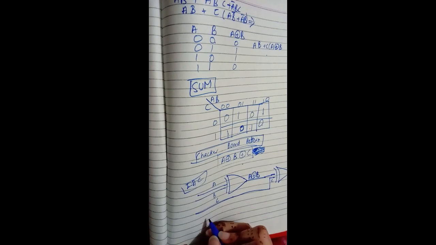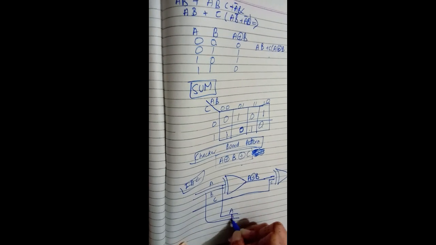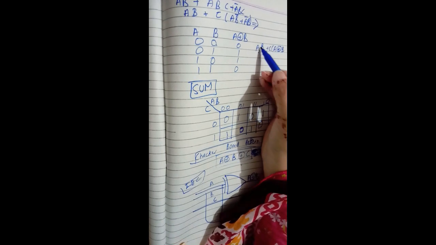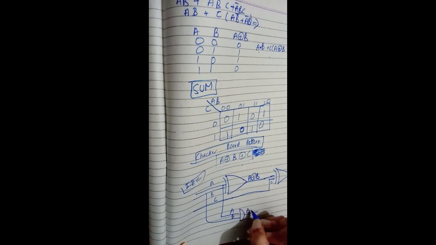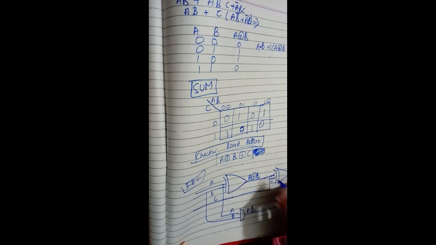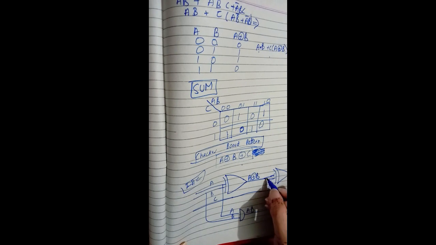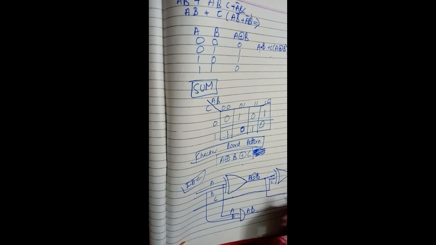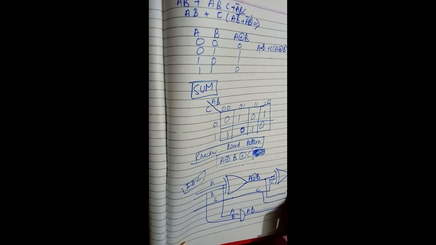Now for the carry, we will have the A and the B. First we have our AND gate, A dot B. Then we have A XOR B with C. There is the AND gate between them.